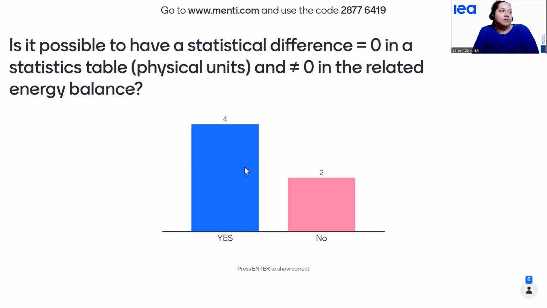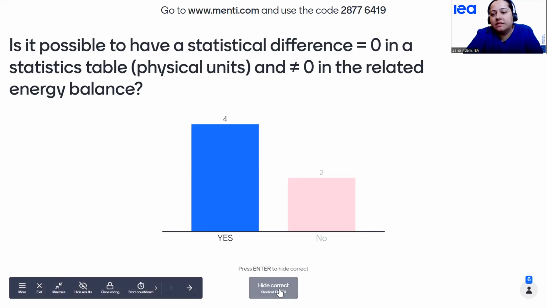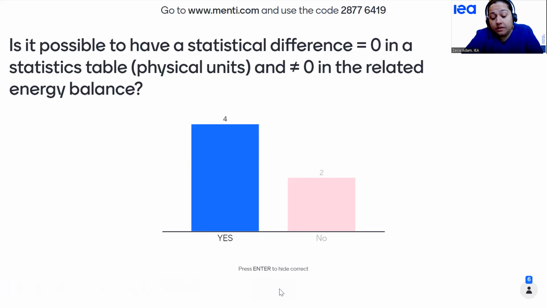So is it possible to have a statistical difference which is equal to 0 in the statistics table in physical units and which is not 0 in the related energy balance? So let's look at the right answer. The right answer is yes, and we will look at this in more detail in the presentation.